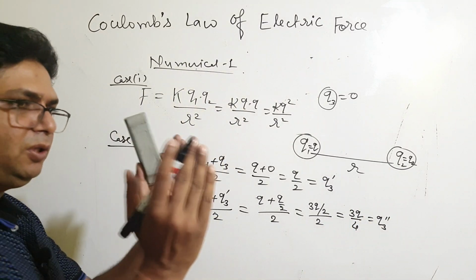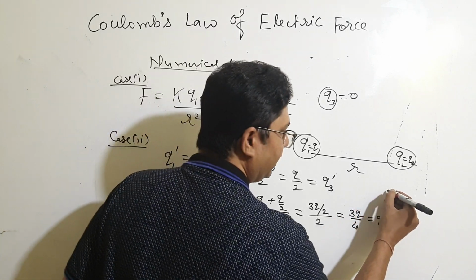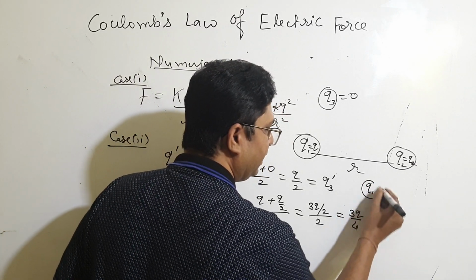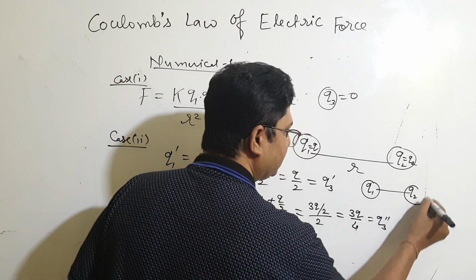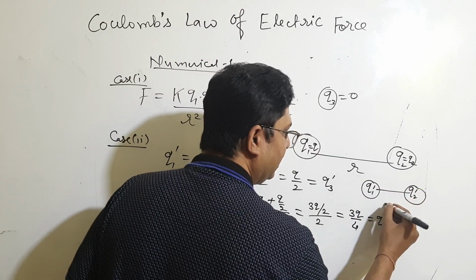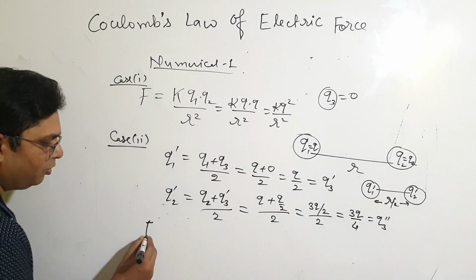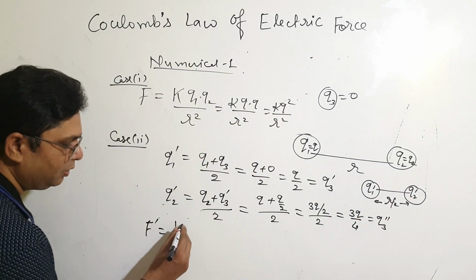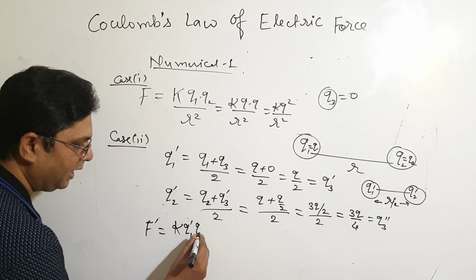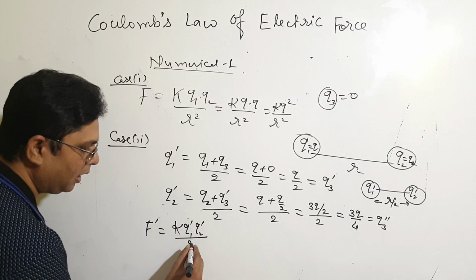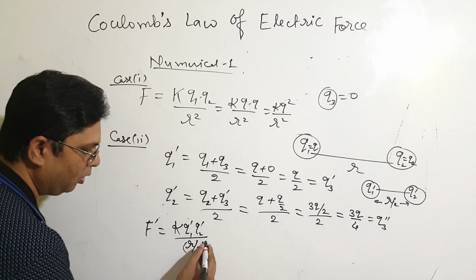Now the distance between these two charges becomes half. This means that now Q1 dash is here and Q2 dash is here, and this is R by 2. In this case, the force F dash is equal to K Q1 dash Q2 dash upon R upon 2 whole square.